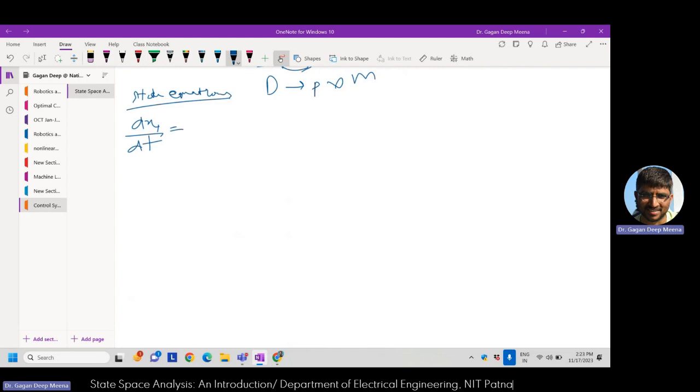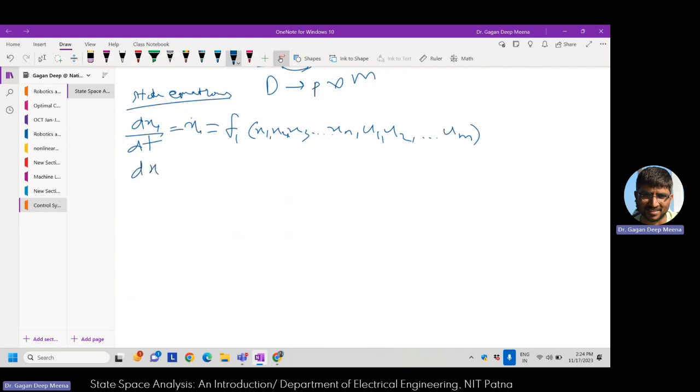The linear representation I have given already, and if I'm talking of a generic representation, that can be f1 of x1, x2, x3. It's an n vector, so it will go till xn, and then you have u1, u2. These are the inputs. You have m inputs, so it will go till um.